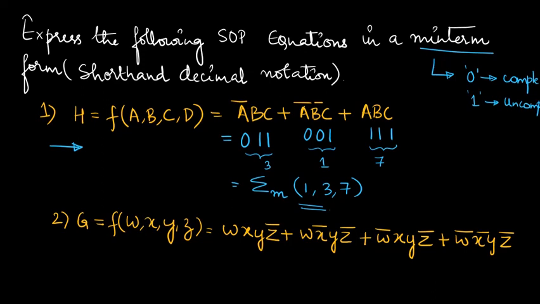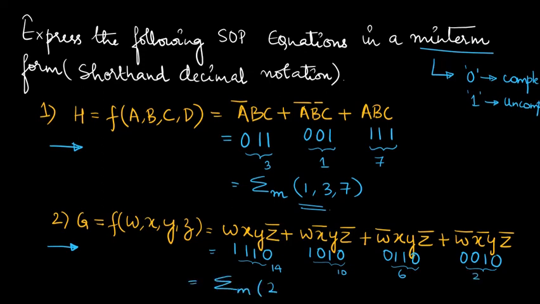So this expression can be represented in terms of binary as 1110, 1010, 0110 and 0010. In decimal, this is equivalent to 14, 10, 6 and 2. So that becomes summation m 2, 6, 10, 14.